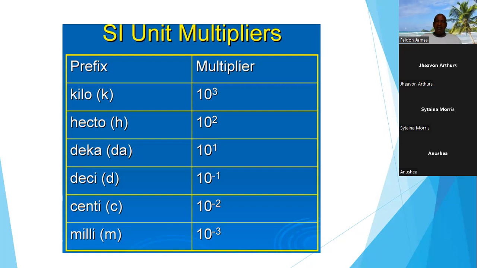So in science, because we are measuring things that are both large and small, we want a measuring system that can span these various measurements.